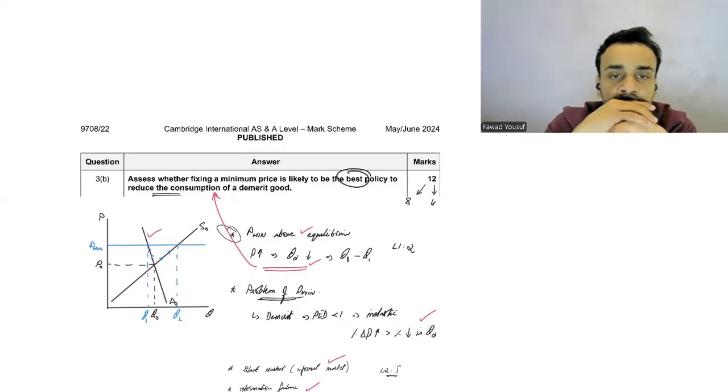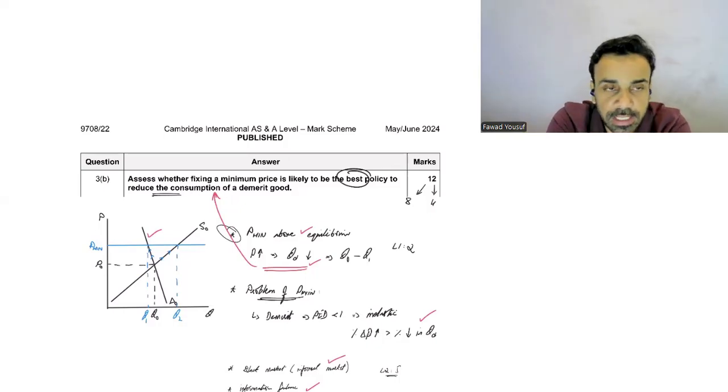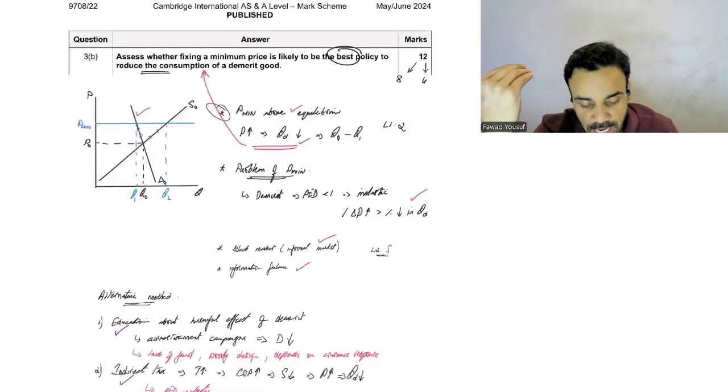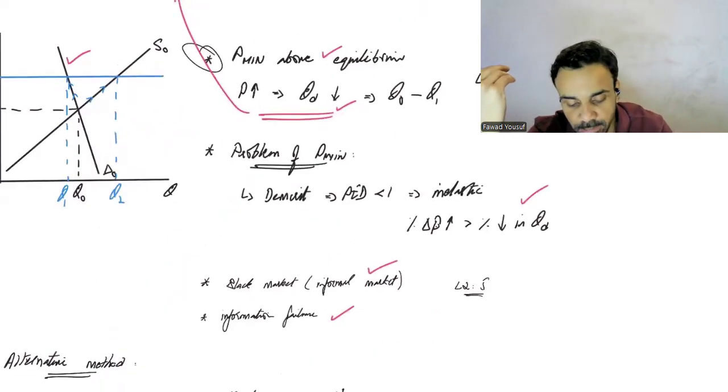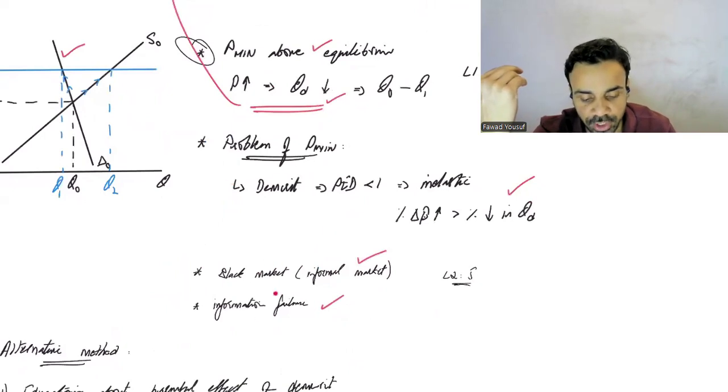For example, I would say the success of minimum price depends on how high the minimum price is imposed and how well the government is supervising. Do you see that? I haven't spoken about this in my problems, the points that I've just talked about.